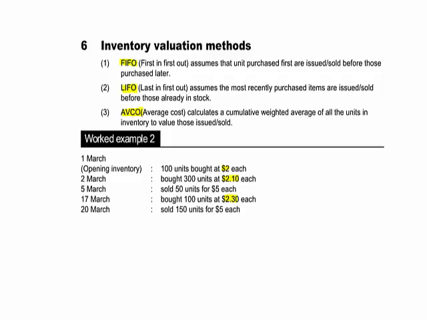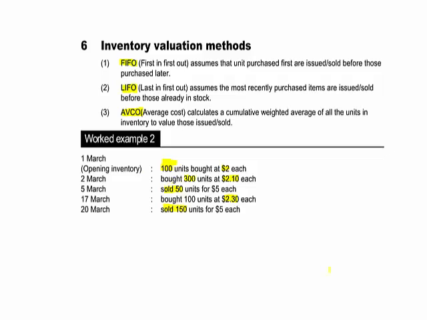So when we're using the FIFO method, we assume that those 50 that we sell on the 5th of March are part of the opening inventory that we had. Then the ones that we sell for 150 are going to be those remaining 50 and some of these 300 here.